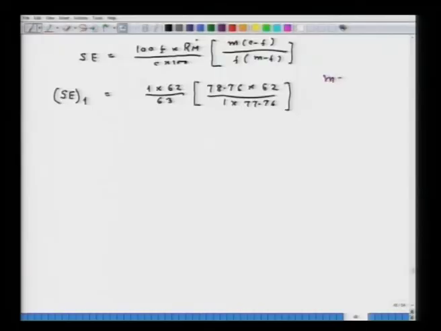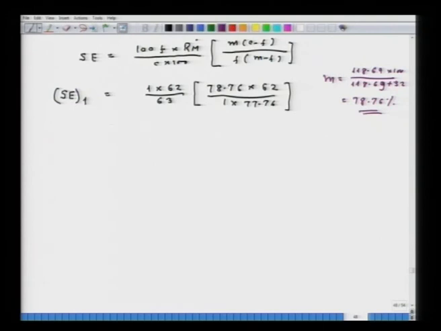So, m is equal to 118.69, which is the atomic weight of tin, upon 118.69 plus 32, into 100, of course, which becomes equal to 78.76%. So, that is the metal grade of the pure mineral, that is from where this comes.